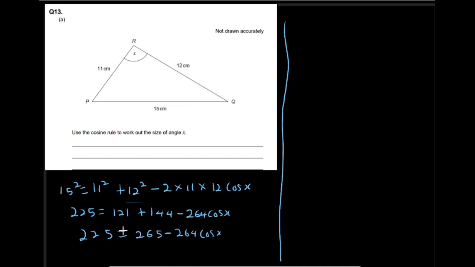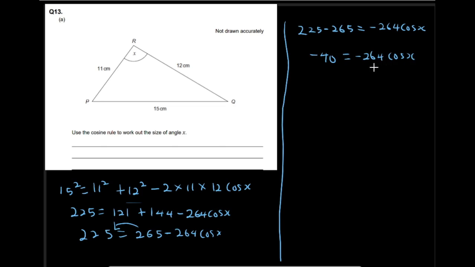Simplifying further, we can move 265 to the other side. We have 225 minus 265 equals minus 264 cos x. 225 minus 265, which is minus 40, equals minus 264 cos x.